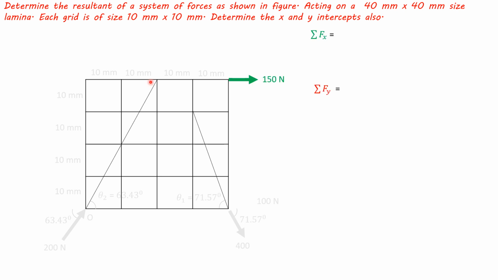Now this is 150 Newton force directing towards positive x-axis, so plus 150, and this is force 400 cos 71.57 degrees directed towards positive x-axis, so plus 400 cos 71.57 degrees, and this force 200 cos 63.43 degrees directed towards positive x-axis, so plus 200 cos 63.43 degrees.